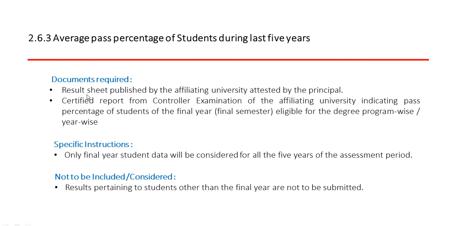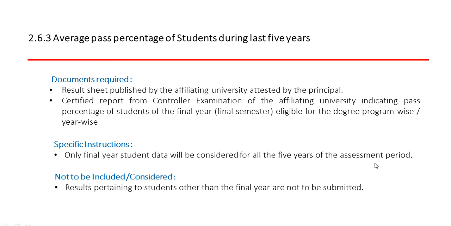The documents required are the result sheet published by the affiliating university, attested by the principal, certified report from controller examination of the affiliating university indicating pass percentage of students of the final year, final semester eligible for the degree program wise or year wise.